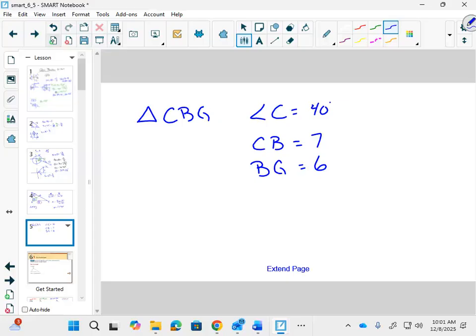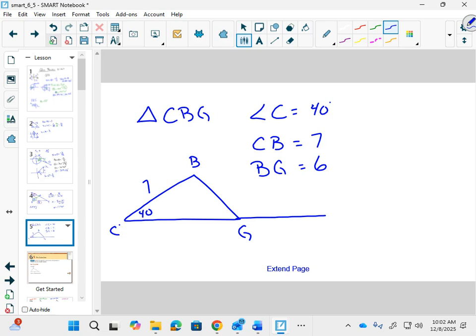So what I like to do is whatever I'm drawing it, I make my angle here at 40 degrees. Then I would put B up here because we know C to B is 7. And where could G be along here? Can you see that G could be possibly here? But since this side is smaller than this one, it could swing around.